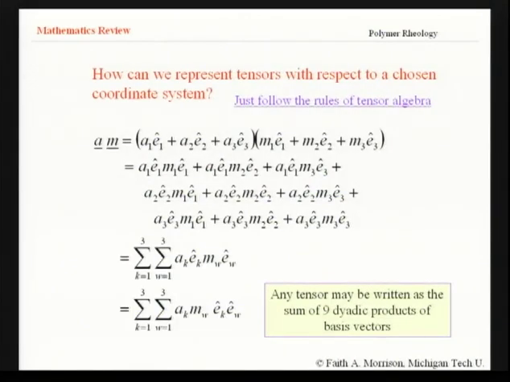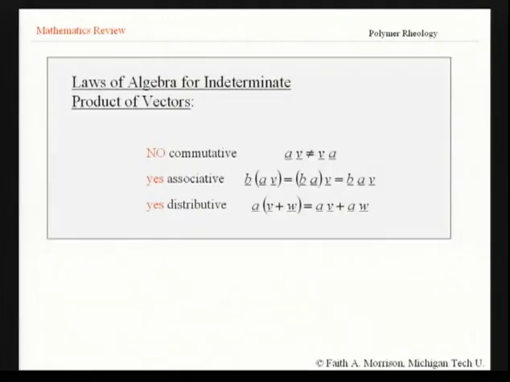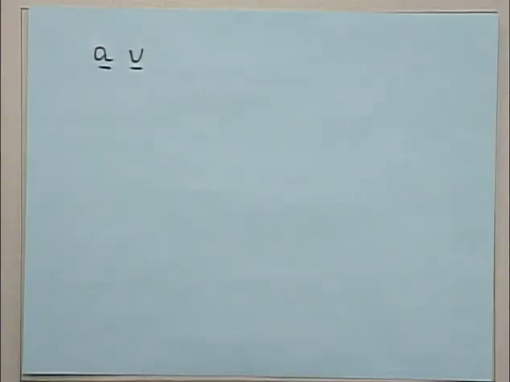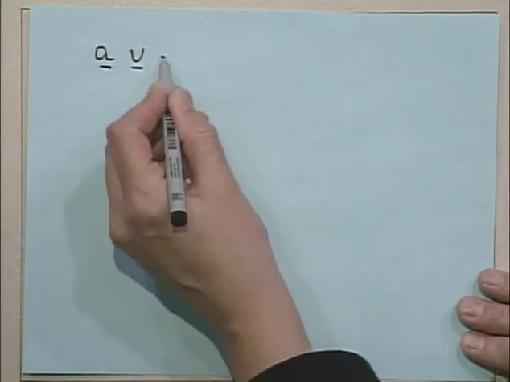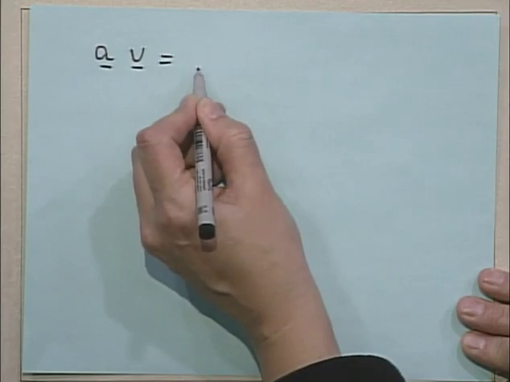All right, so now how do we render something like this indeterminate vector product in Einstein notation or in even regular notation? Let's start by writing a little bit. If I start with this AV, indeterminate vector product, we actually already have these commutative, associative, and distributive rules, so we can sort this out. And I already flashed up the nasty answer. It's a big, nasty answer. But it's a little bit more intelligible if we take it in little chunks.